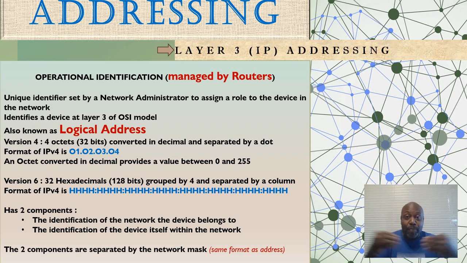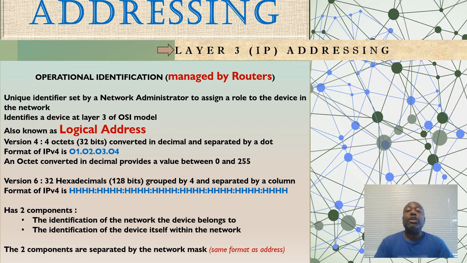So that when we mix the two, we get the whole IP address of the device, and we can then identify it in a precise network. We will do a couple of examples in future videos so that we see how we manipulate this.